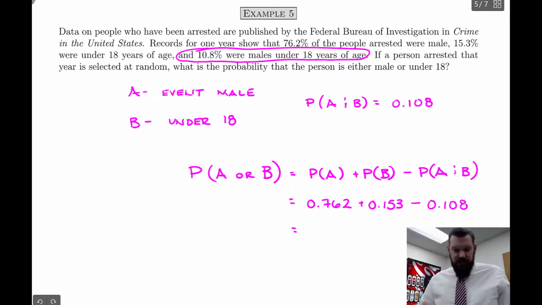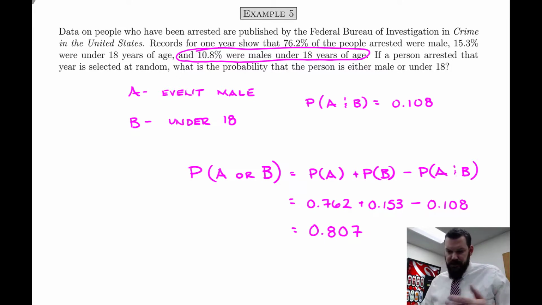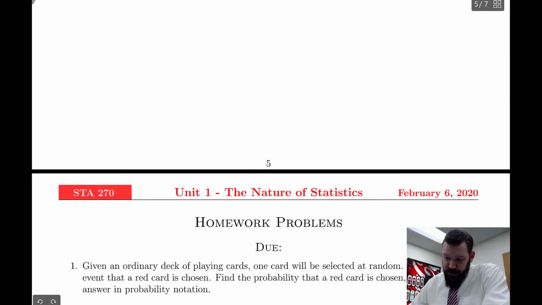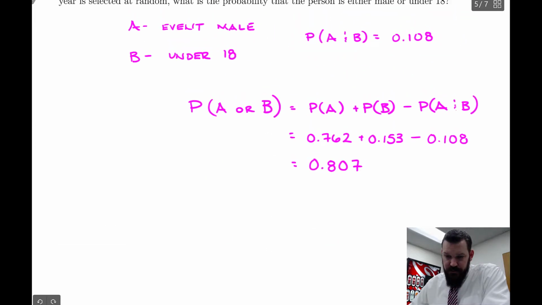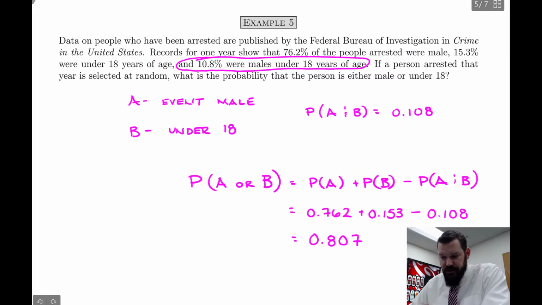We put that into the calculator and we get 0.807. So based on the arrest records for that one given year by the FBI, the probability of selecting a person at random who is either male or under the age of 18 is right at about 81%.